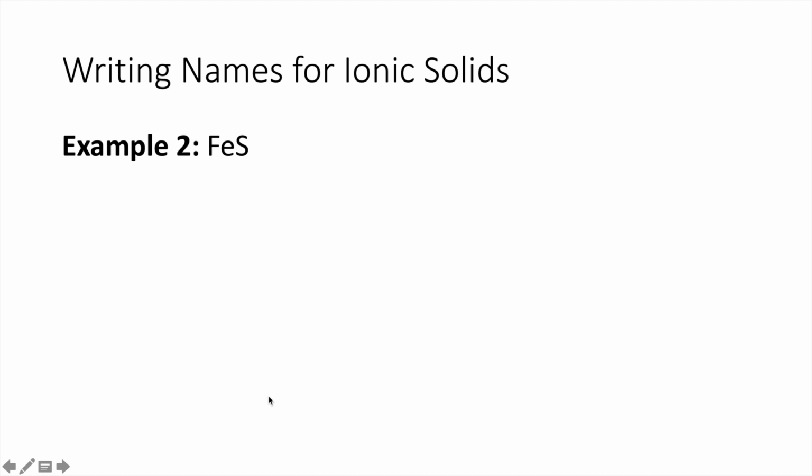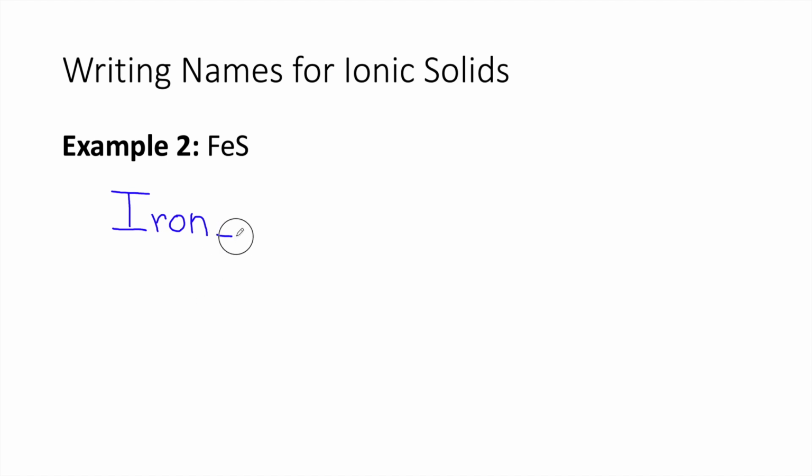Let's do one more. Let's do an example where we have to write the name for FeS. So Fe, you'll find on the periodic table, is iron. Iron is not a part of group 1, 2, or 13, so it is going to need Roman numerals.